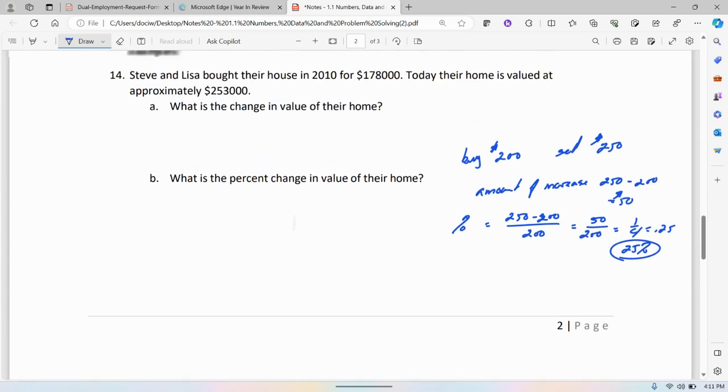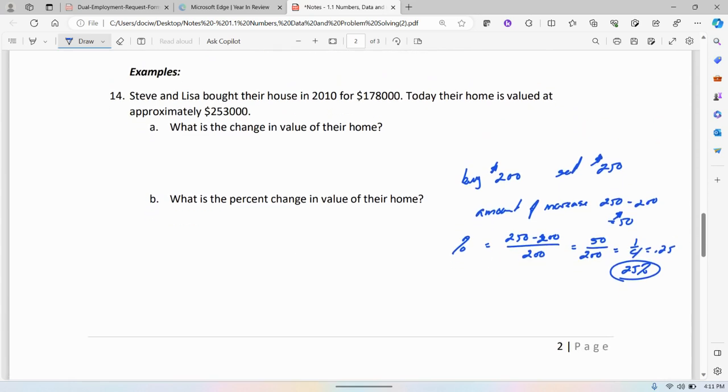So if I go back to Steve and Lisa, they bought their house for $178,000. Today, it's valued for $253,000. So we have, again, here's my buy, and here's my sell.